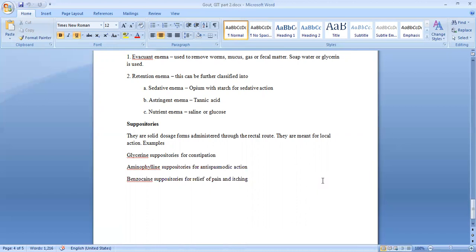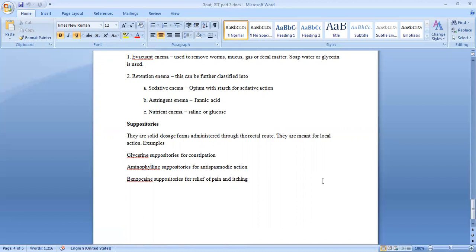Then you can't give them anything orally, because whatever you give, because of spasm of the GIT, will get thrown out through vomiting. In such cases, we can give it in the form of a suppository. Aminophylline suppositories are commonly used. These aminophylline suppositories will have antispasmodic action on the respiratory tract.